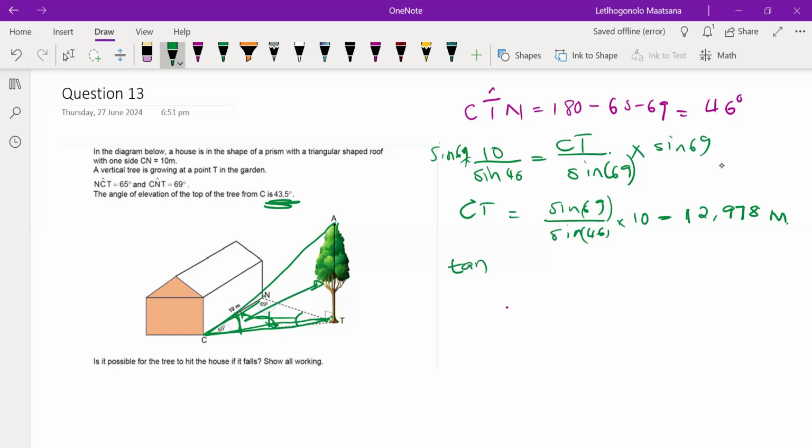So we'll say tan of 43.5 is equal to our opposite AT over CT, 12.978, and we will have AT equal to 12.978 multiplied by tan of 43.5, giving us a final value of 12.3, and that is then the height of our tree.